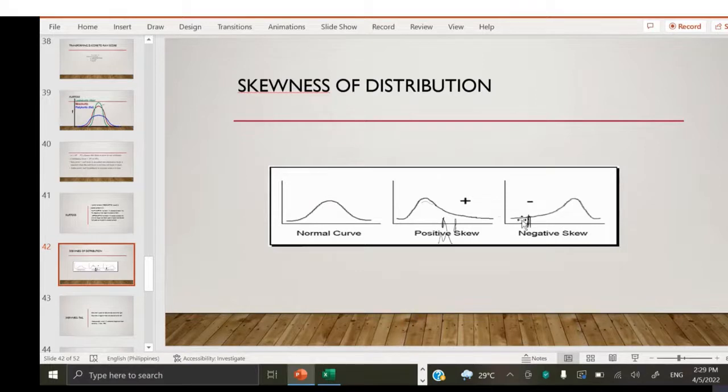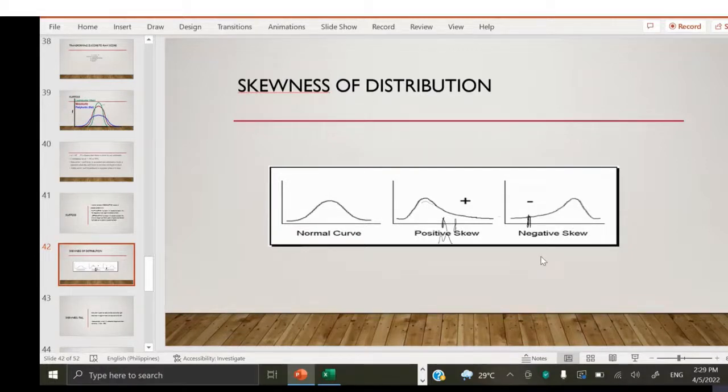And the negative skew, however, this is the tail. The tail is on the left side and the mound of the curve is here on the right side.